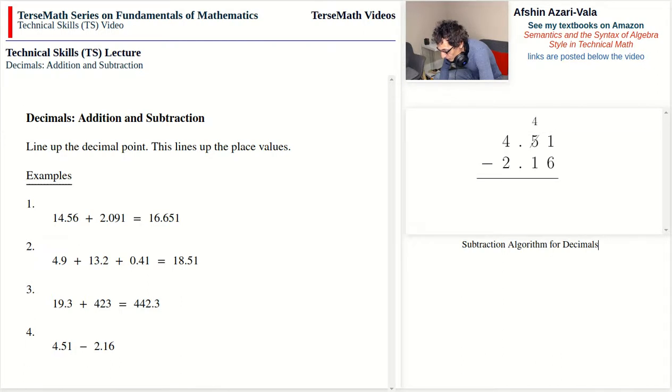Turn that into 10 hundredths and add it to the 1 over here to get 11 hundredths. Okay, now we can subtract. 6 hundredths from 11 hundredths leaves 5. 1 tenth from 4 tenths leaves 3 tenths. Decimal point moves down. And 2 ones from 4 ones leaves 2 ones.